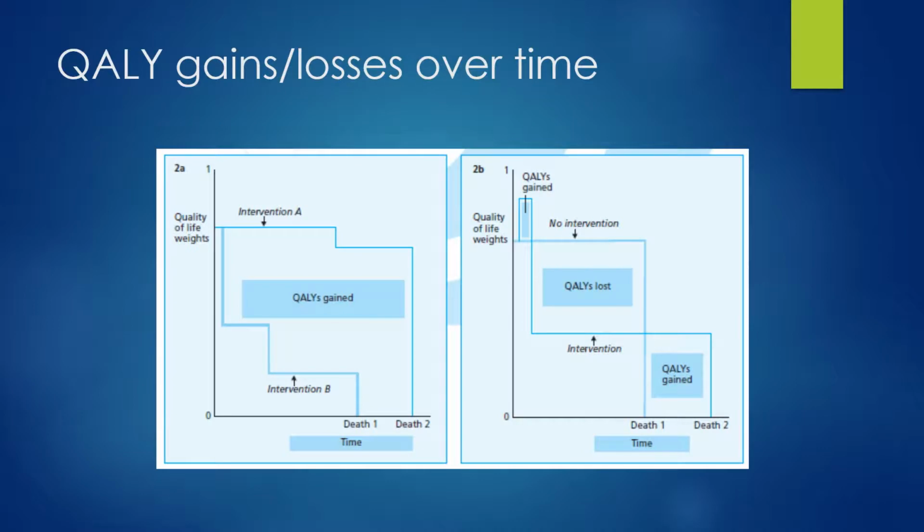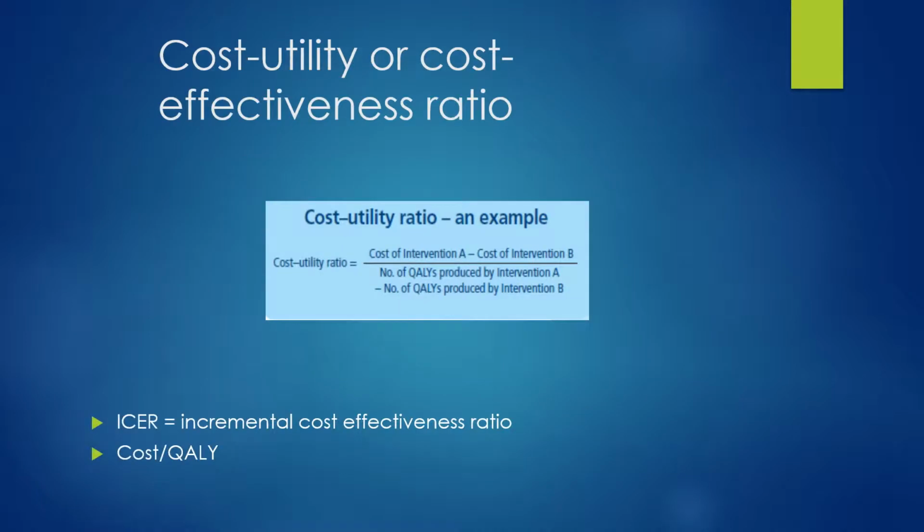So as you can see, QALY gain, QALY loss, and sometimes you have intervention that can result in quality lost. Sometimes we have intervention that can actually result in quality gain, and this is how we compare it.